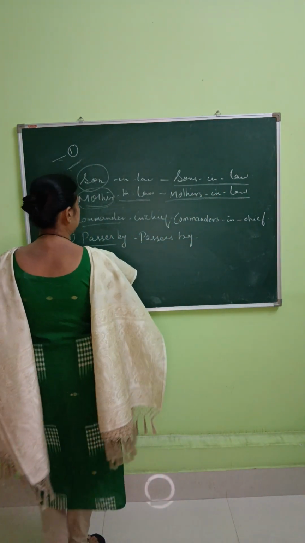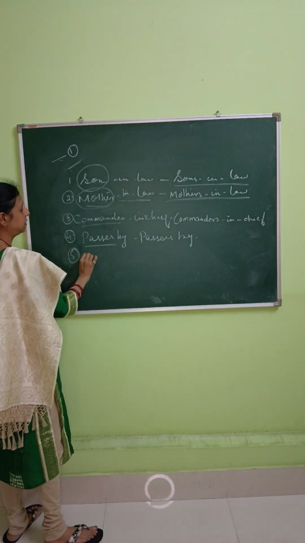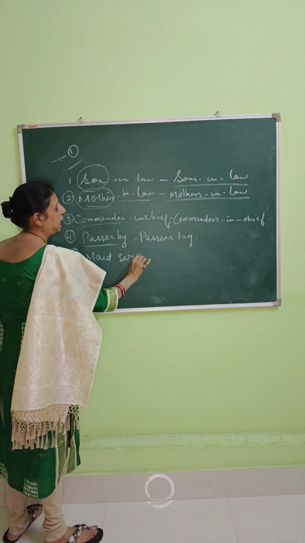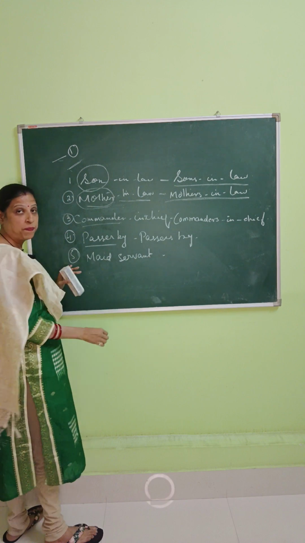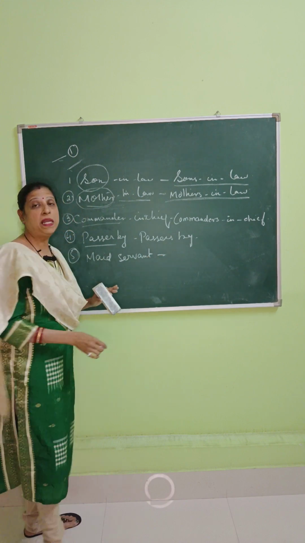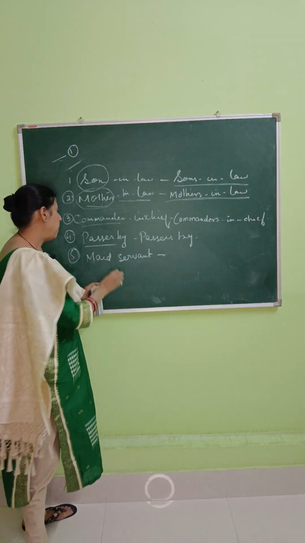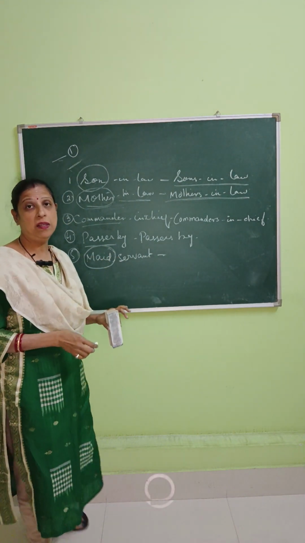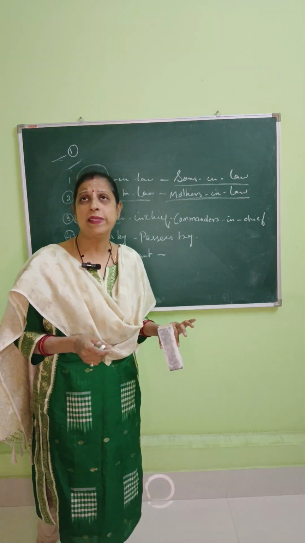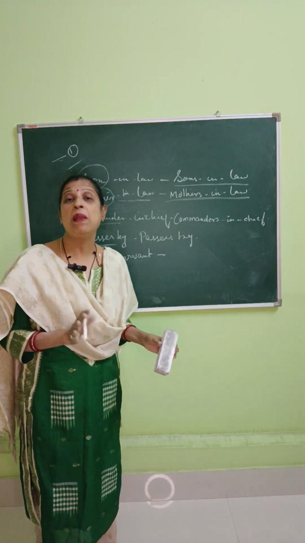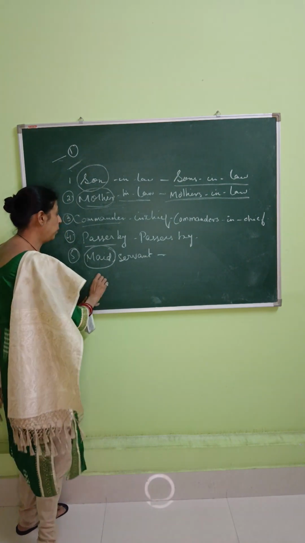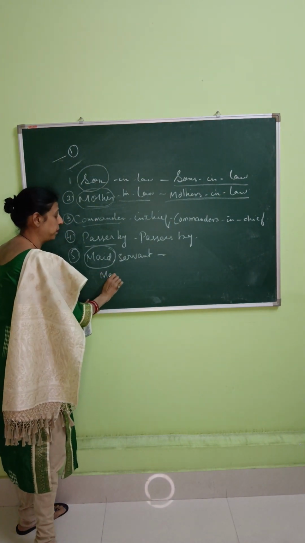Now another word, that is maid servant. Now let me remind you that maid is the feminine gender, or we can say it is the female counterpart, for the word man.